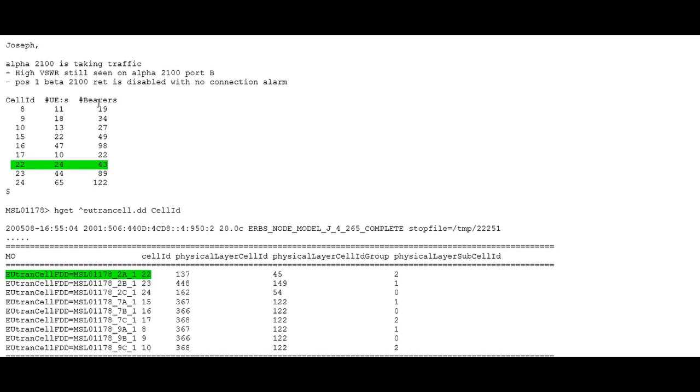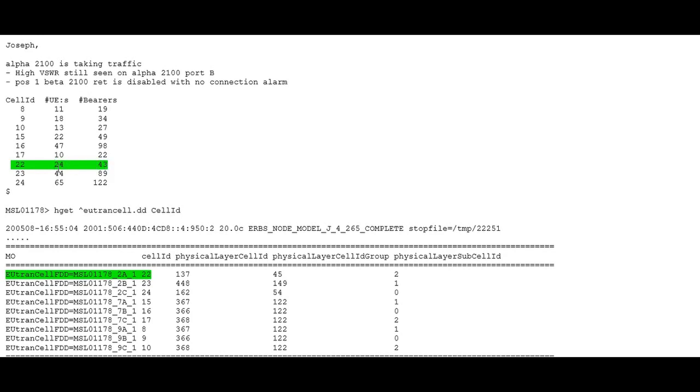We talked about some of that in the basic health check videos, but bearers are like tunnels or channels inside your bandwidth, and based on how much information the end users using that node need at the time, the node kind of negotiates for the number of bearers available at any given time. So as the number of users goes up, the number of bearers will also go up. And if we don't see that correlation, then we know we have a problem. Then we know that we're not taking traffic or something's not right.